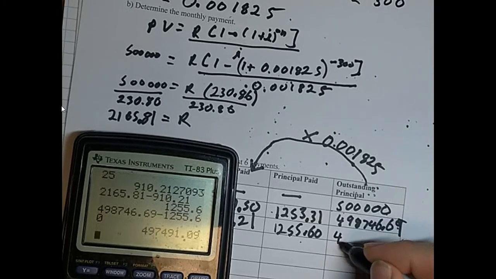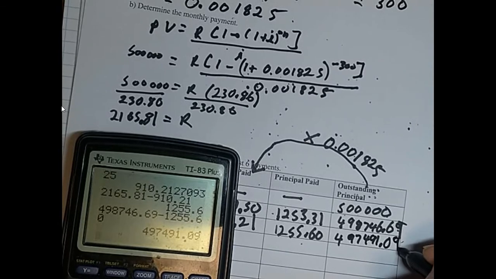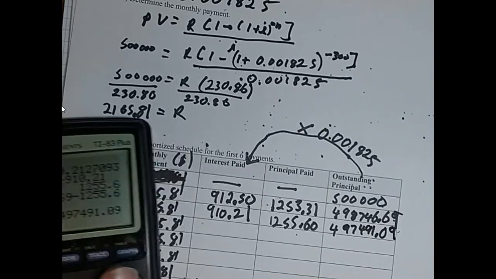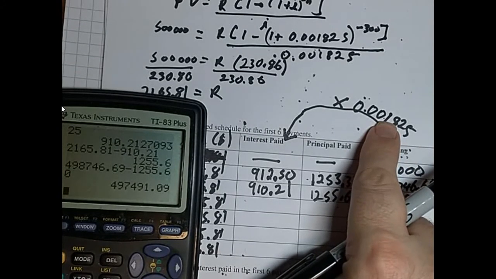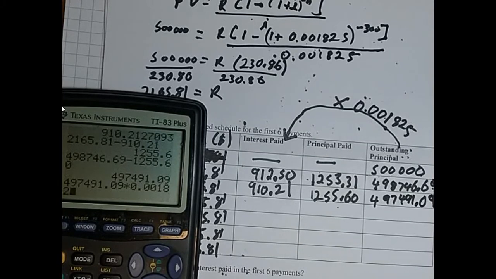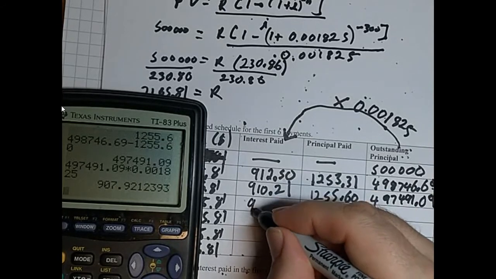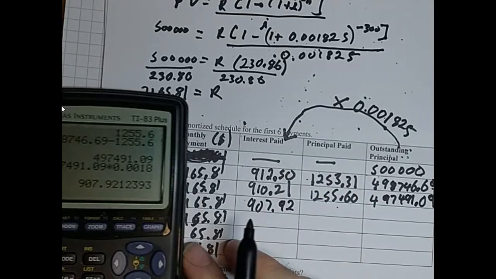And you get, now this is how much you owe the bank: 497,491.09. Okay, now you continue. So now you take this number, 497,491.09, multiplied by 0.001825. You get your new number, 907.92, and then you subtract these two.